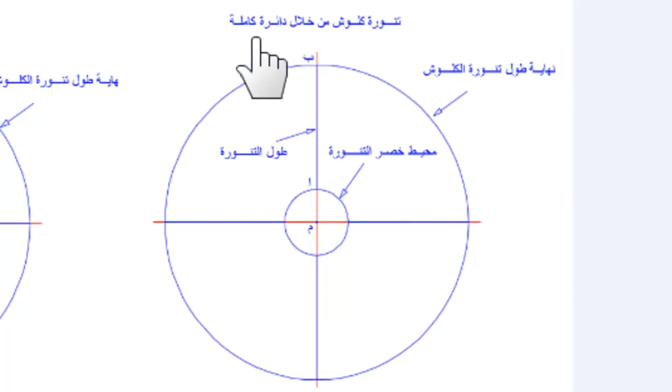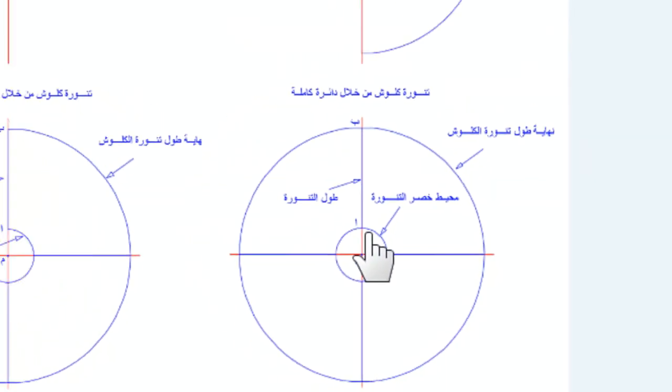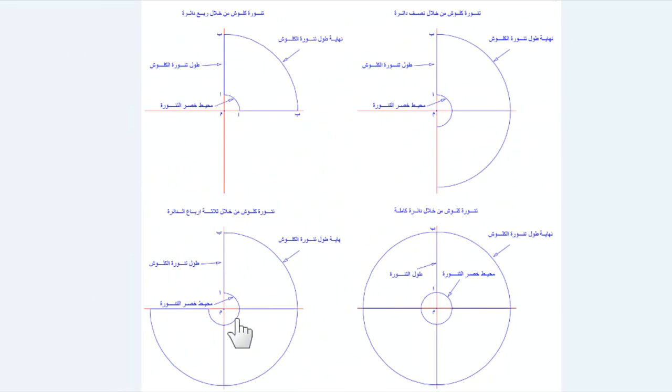The fourth status, which is from a whole circle, notice how the circle is close to the center, which is the circulation of the waist for the skirt, which is 80 centimeters. But notice in the fourth status, it's a whole circle, and it's the same value. Here, it's a third, and it's 80.